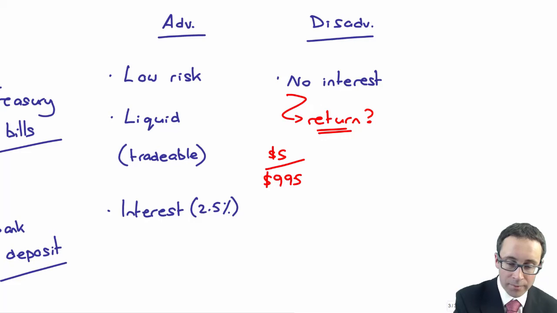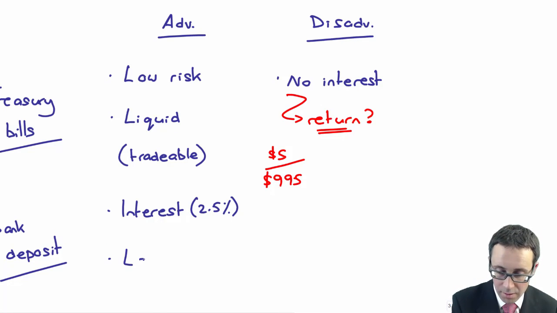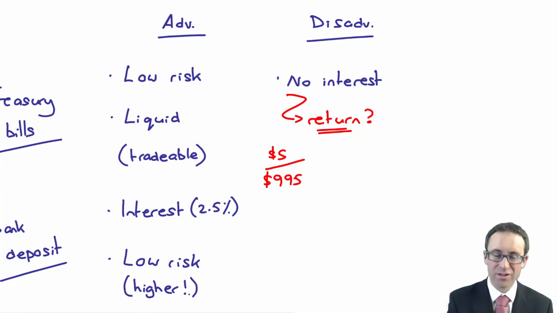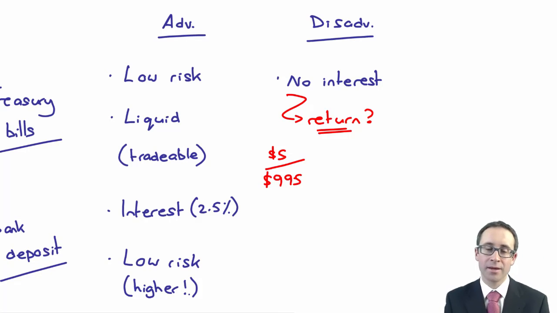What you've also got with regards to the bank deposit, it's with a bank, so again it is low risk, although I would caveat that by saying it is ever so slightly higher, okay, than your treasury bills.